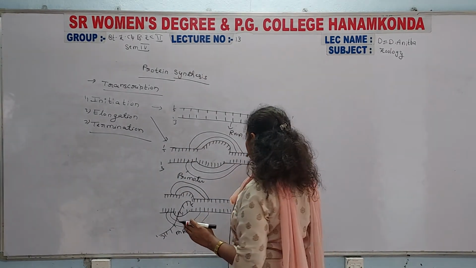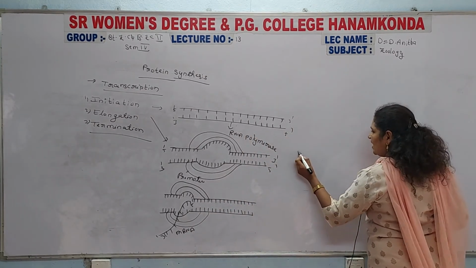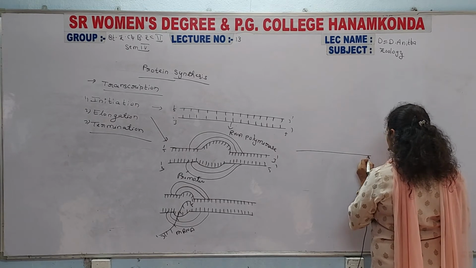At the end of the elongation process, see here the mRNA chain.